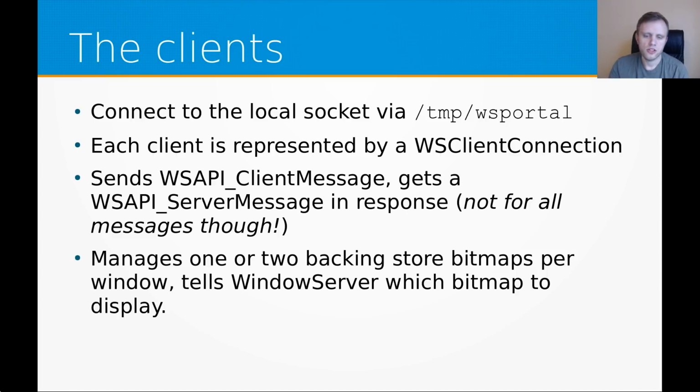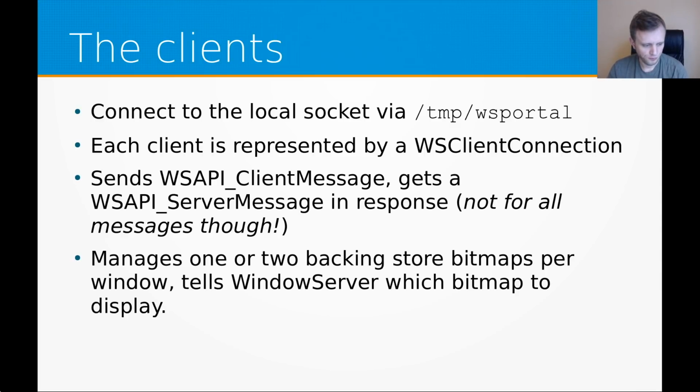Anyway, each client manages either 1 or 2 backing store bitmaps per window, and then it tells the Windows server which of those bitmaps to display for that window. And that's how double buffering is implemented in the client for each window.